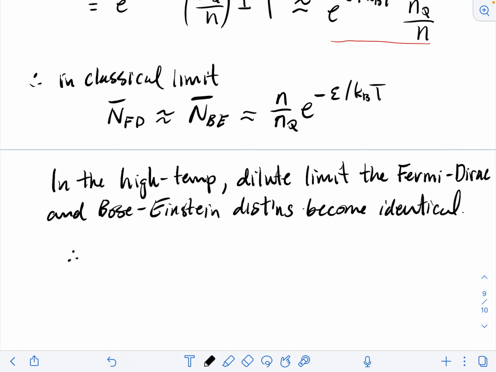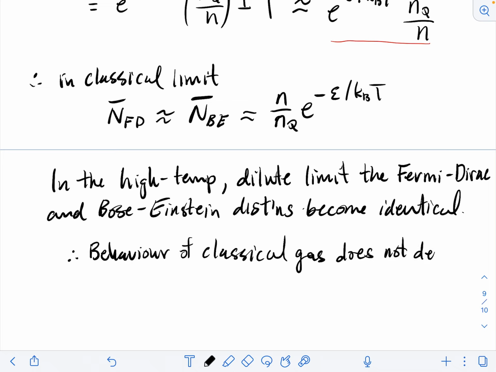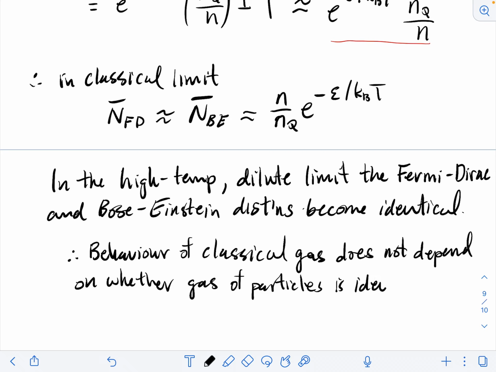So the behavior of a classical gas does not depend on whether the gas of particles is identical fermions or bosons. And so we could ask why that's the case.